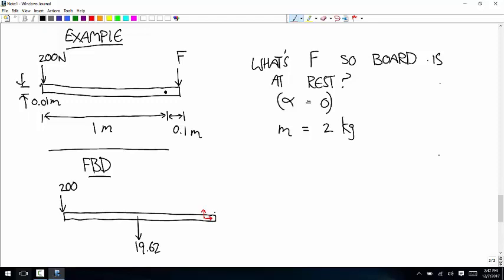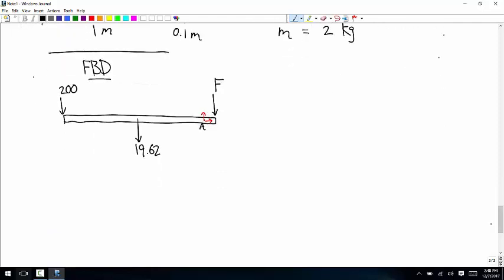And then there's a downward force F that we're trying to calculate. You can do it in any order, but let's wait to calculate the moment of inertia, and you'll see why when we get to the equation.